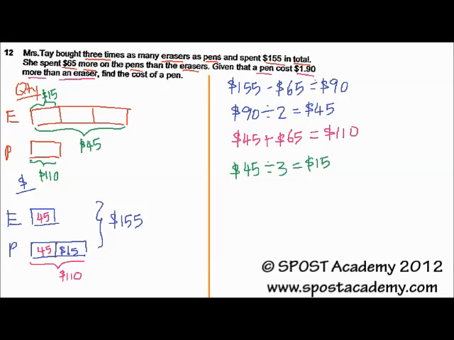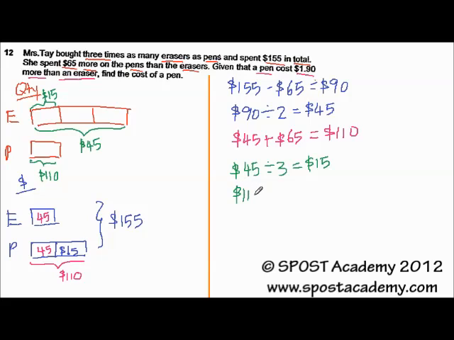Now take note that the rate model is focusing on the quantity, which means that 1 unit of erasers is the same as 1 unit of pens in terms of quantity. However, the amount of money spent on the pens is actually more than the amount of money spent on 1 unit of eraser. So how much more is being spent on 1 unit of pen than 1 unit of eraser?